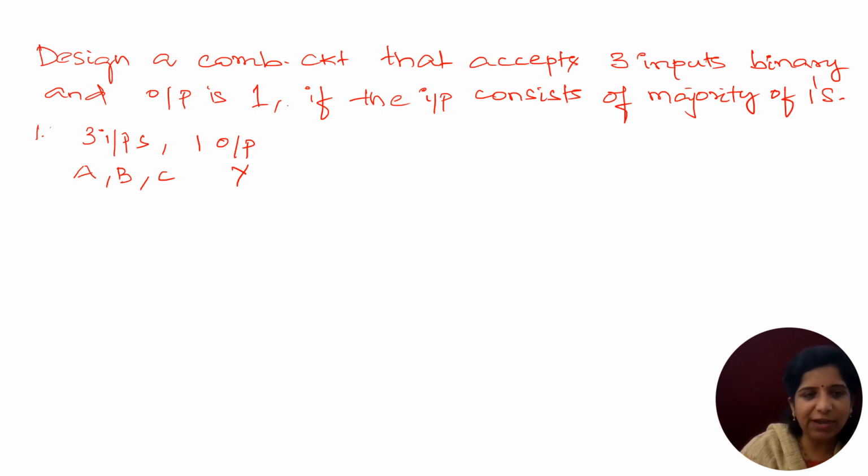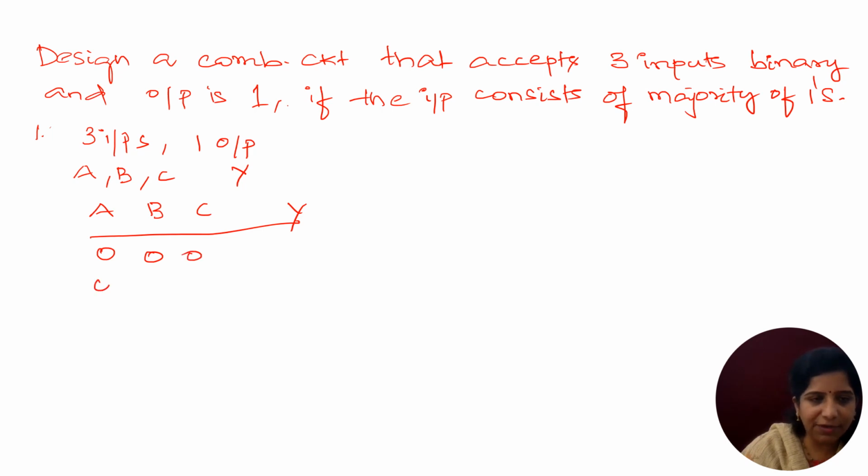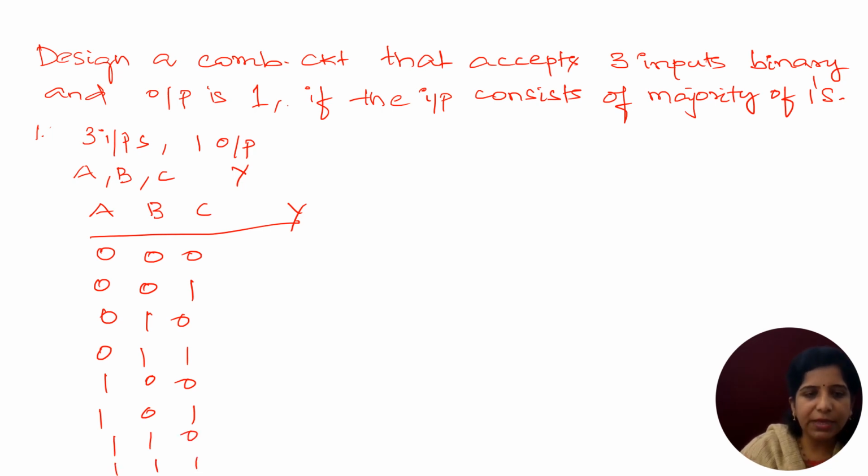The next step is to write down the truth table. I am writing the truth table here with A, B, C and the output Y. For 3 inputs, I can write the 8 combinations: 000, 001, 010, 011, 100, 101, 110 and 111. Clearly, the statement says the output will be 1 if the input combination consists of majority of ones.